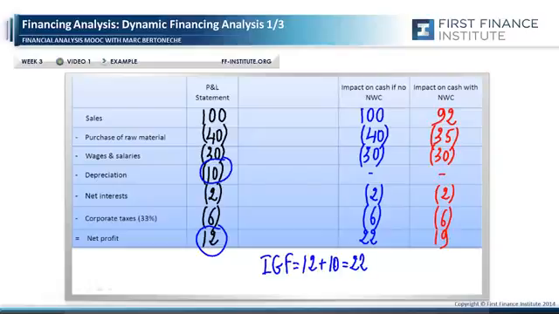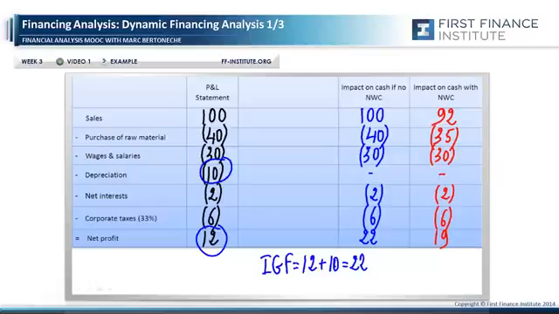19 is the cash flow, assuming that you have net working capital. Why is it different from the 22? Because we receive only 92 instead of 100. We have accounts receivable of 8. And we paid only 35 instead of 40. So we have accounts payable of 5. And remember the definition? 8 minus 5 is 3. So the difference between the 22 and 19 is 3.